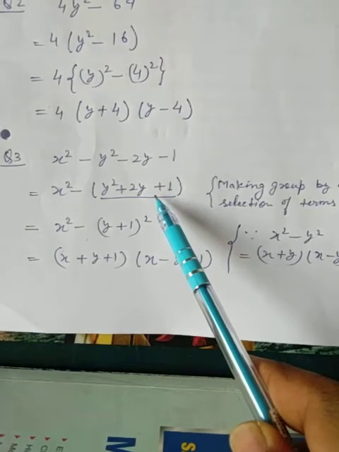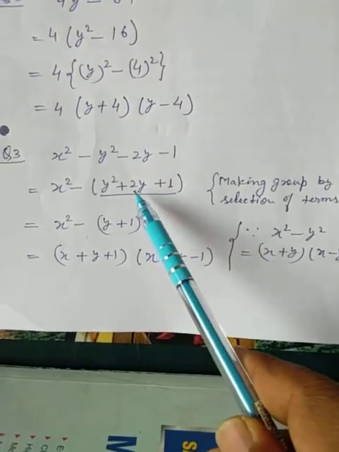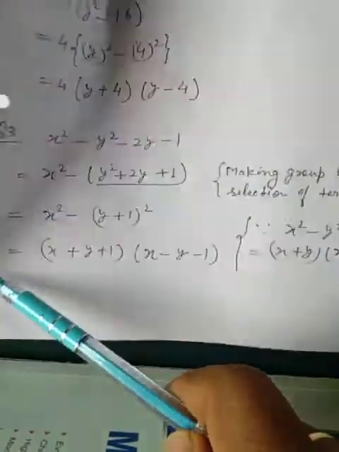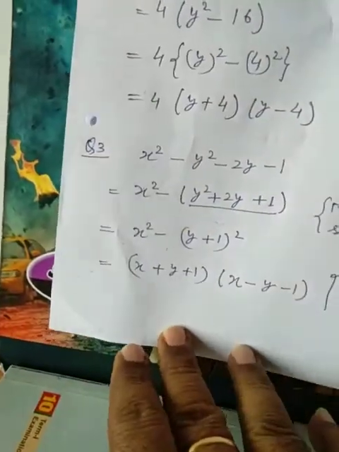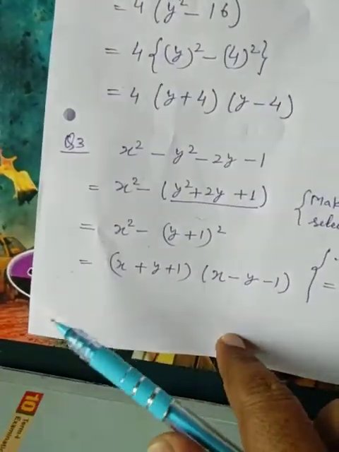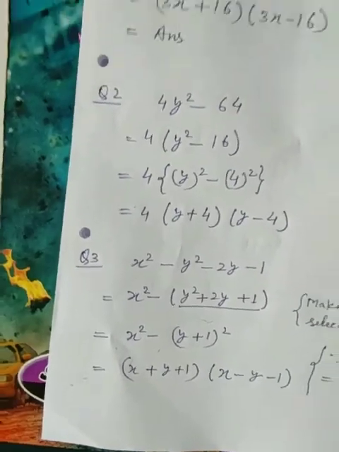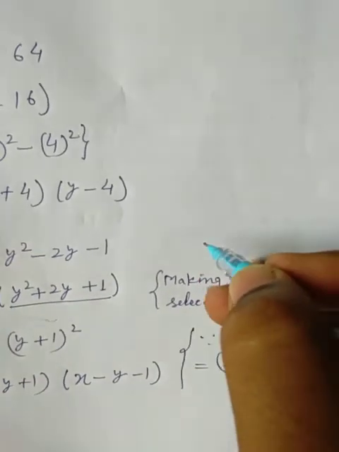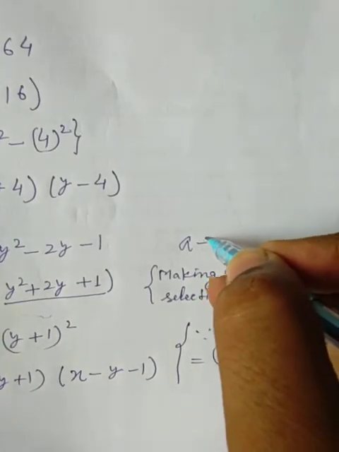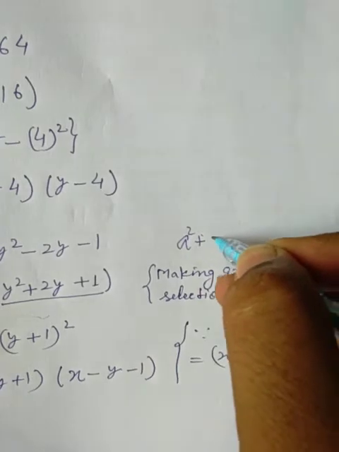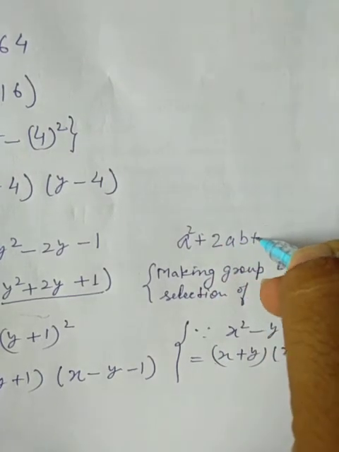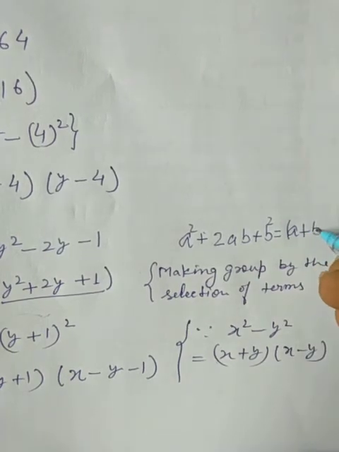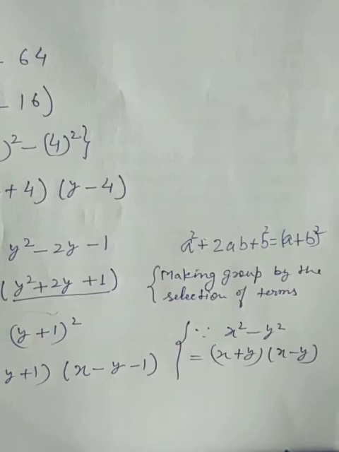Here I have used the identity a square plus 2ab plus b square equals (a plus b) whole square. If you like, I can mention that formula to understand: a square plus 2ab plus b square equals (a plus b) whole square, right?